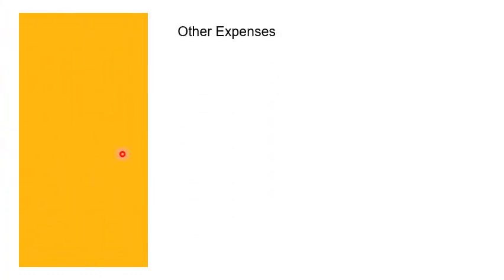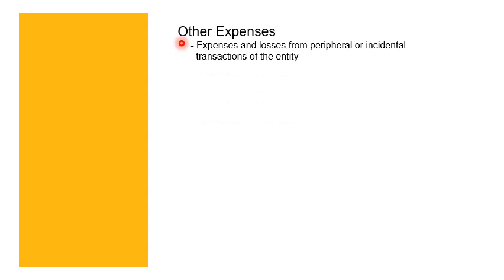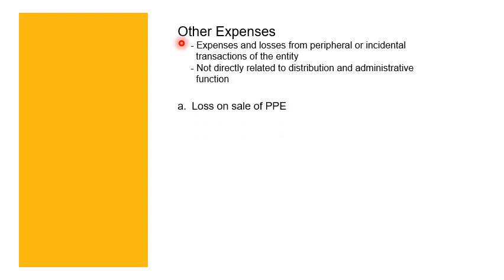Then, other expenses. So, sa other expenses naman, expenses and losses from, tandaan nyo lang, peripheral or incidental transactions of the entity. Minsan lang, or hindi naman madalas, or hindi naman kadalasang na-incur ni entity. So, not directly related to distribution and administrative function.